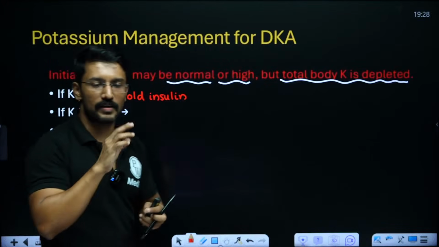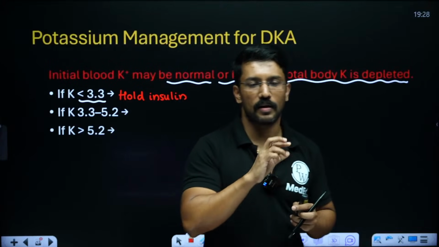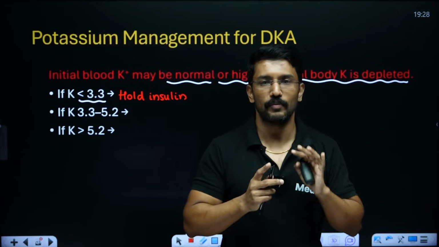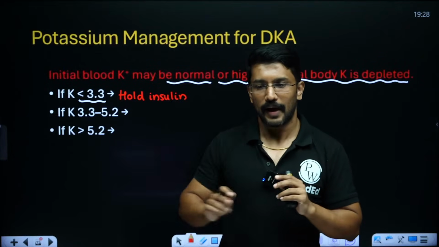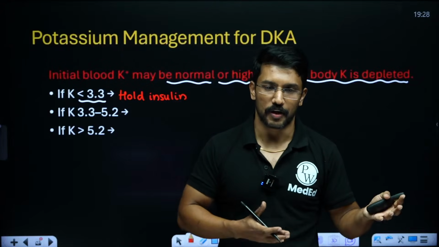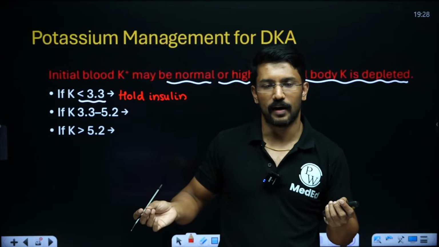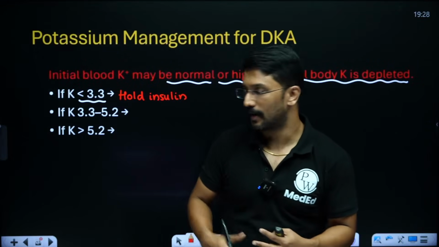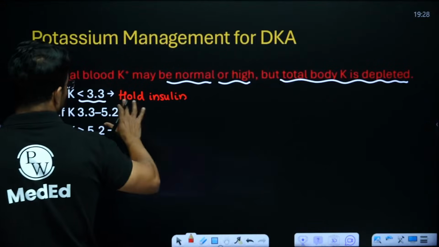Insulin facilitates the entry of extracellular potassium into the intracellular compartment. So the blood potassium will decrease even further. And at very low potassium levels, the patient can develop various complications, including cardiac arrhythmias as well as decreased gastric motility, right? It can lead to paralysis of intestinal movement.